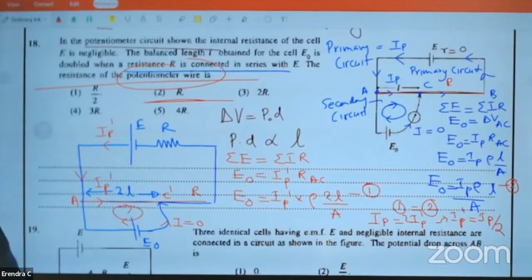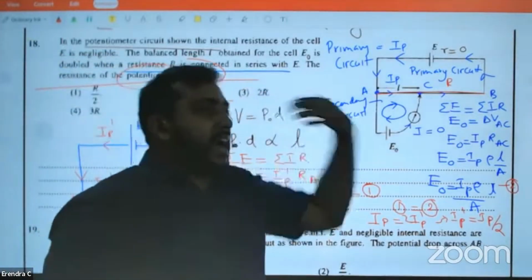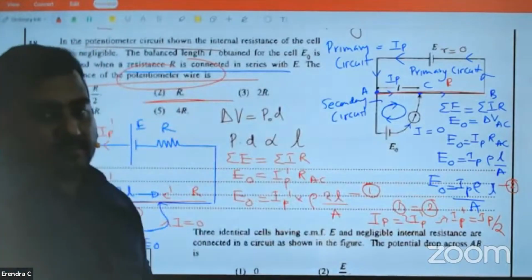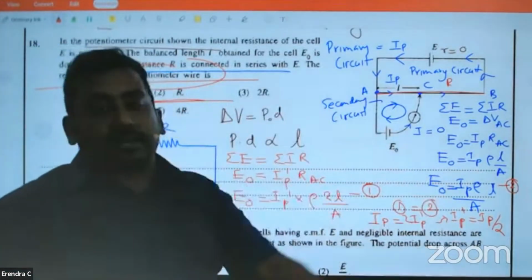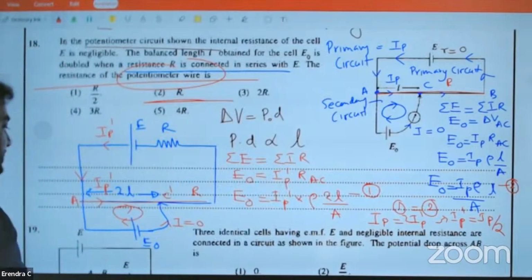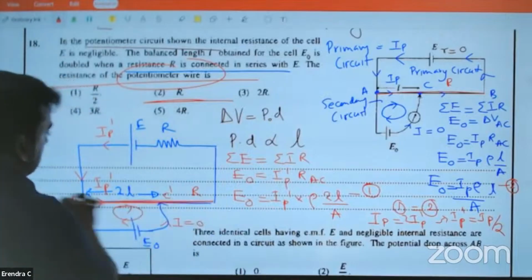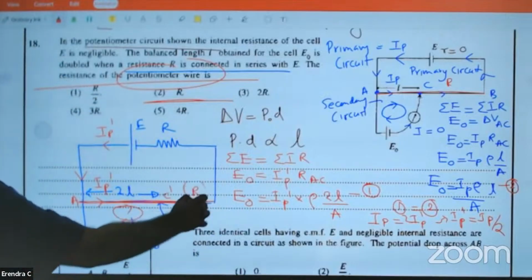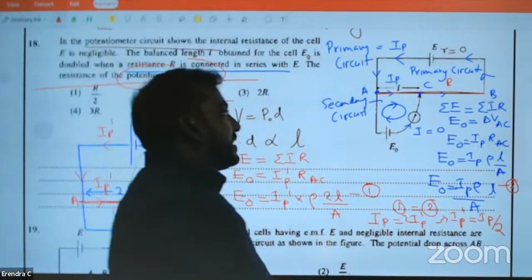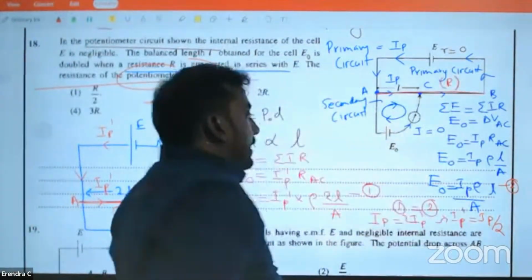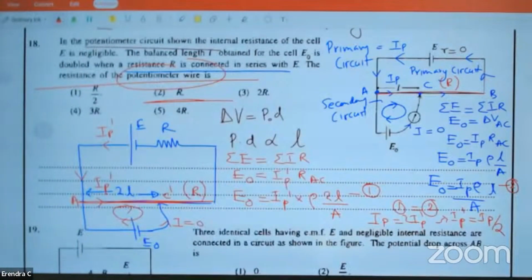Current in the primary circuit is half means the resistance has doubled. This means the potentiometer wire has a resistance R.